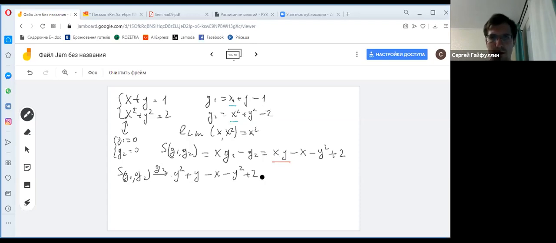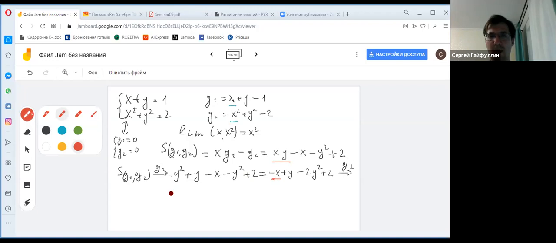Okay, this is equal to minus x plus y minus 2y squared and plus 2. And now we can reduce it either by g1, but with respect to this term.